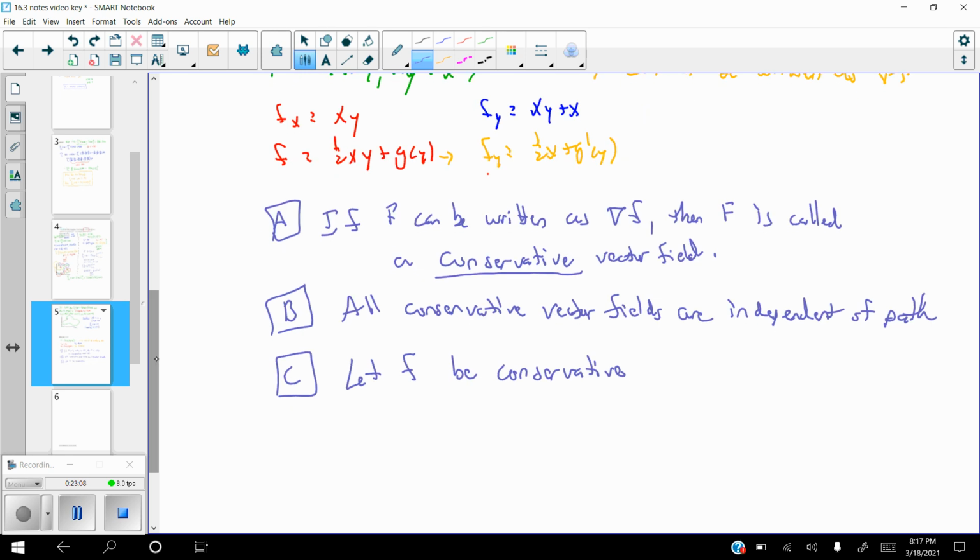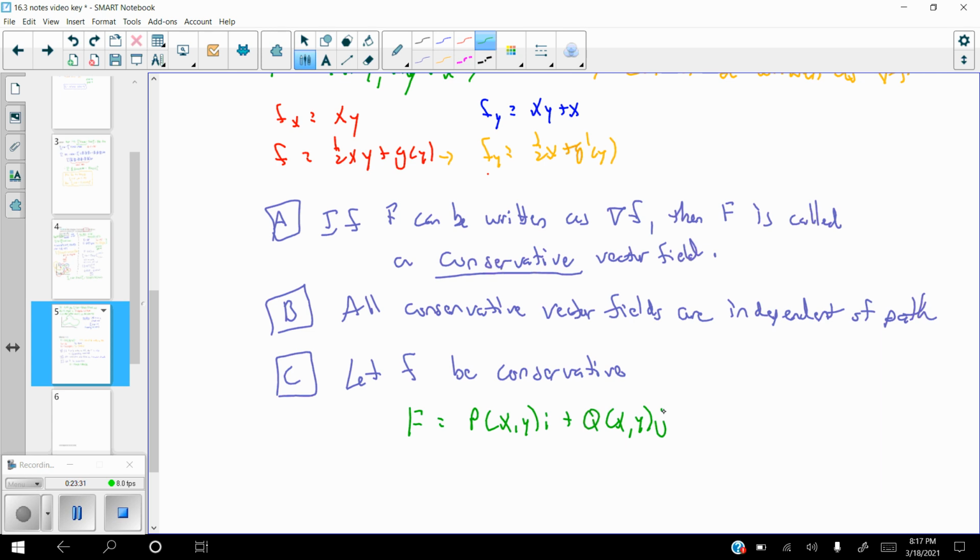If that is the case, we can define capital F as some function of xy i plus some other function of xy j. And we typically use capital P and Q for this in 2 dimensions.